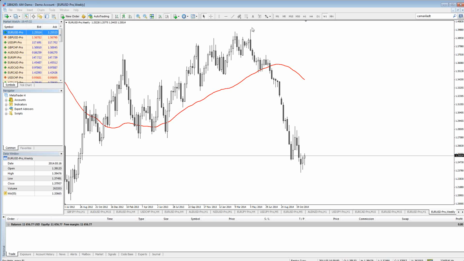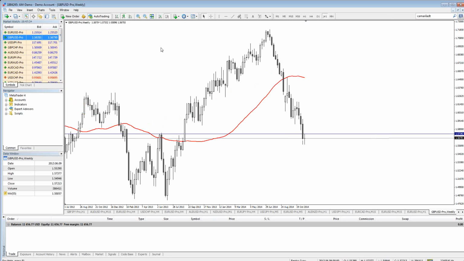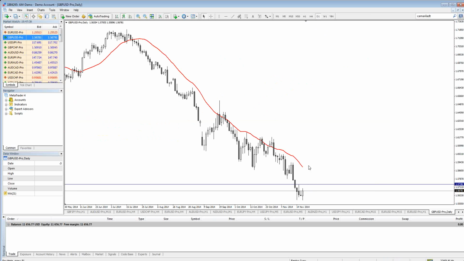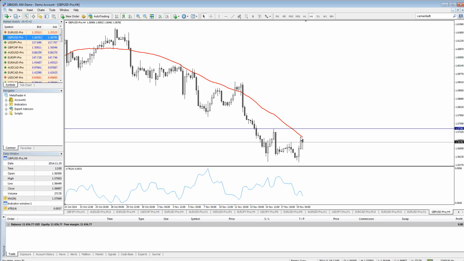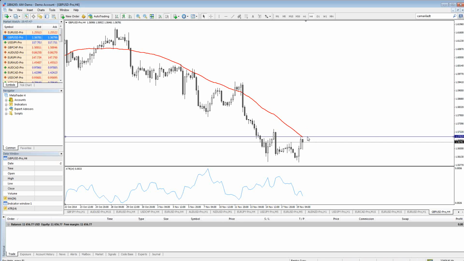Okay? So, GBP dollar. Weekly is below. Daily is below. 4 hour, let's say, touched this SMA. How to calculate your stop loss?